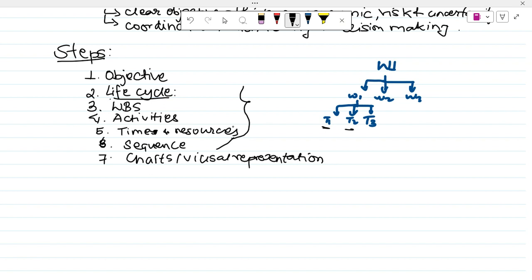The communication of these phases is necessary, which is why charts or visual representations are developed. Now, component specifications and project specifications are finalized, and we then seek approval from the authority.